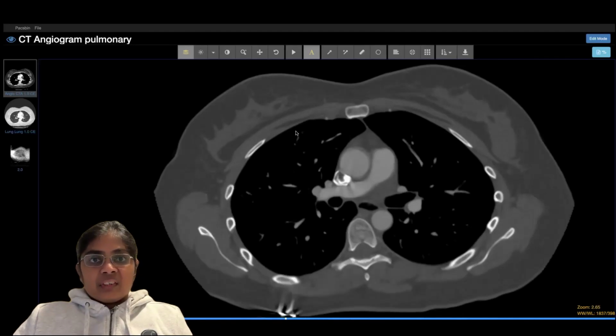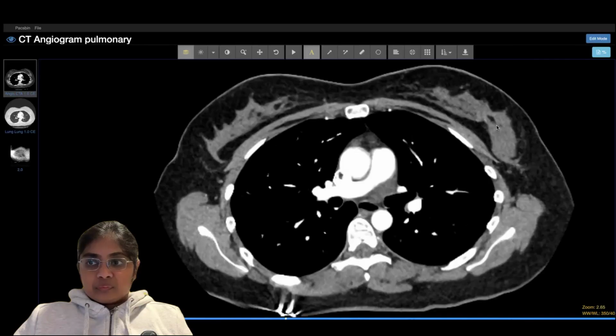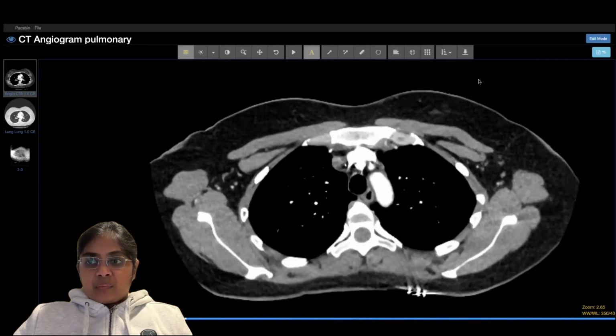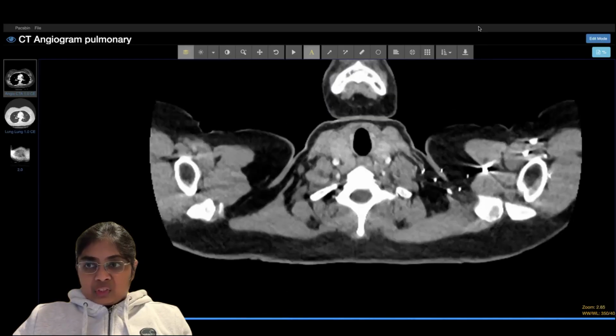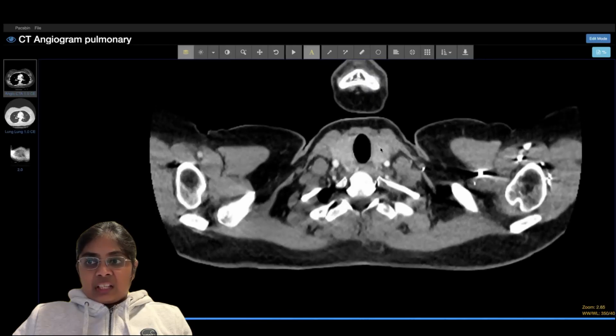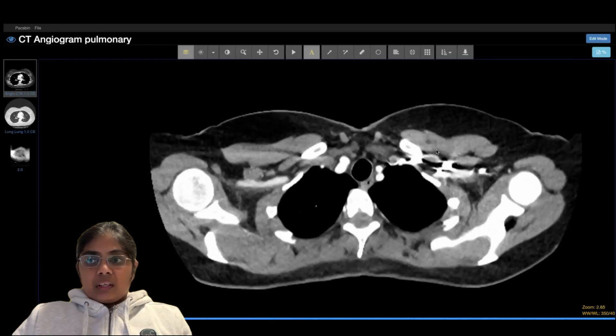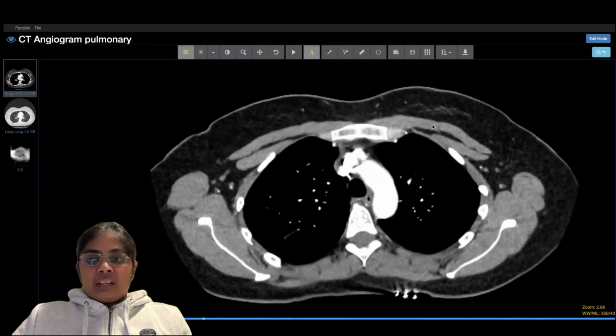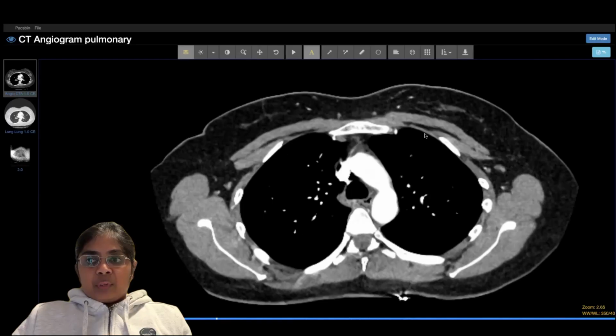Now that I've assessed the pulmonary artery itself, I'm going to go on to assess the mediastinum. For that, I need to be in the soft tissue window, and I'm starting at the top, so you can see the thyroid glands, and we're going on to the superior mediastinum.